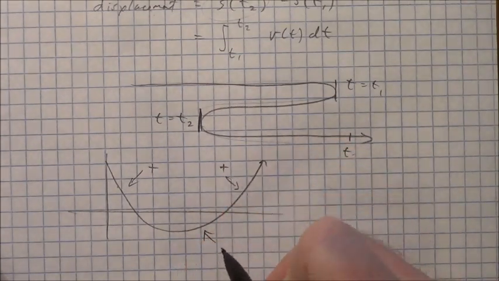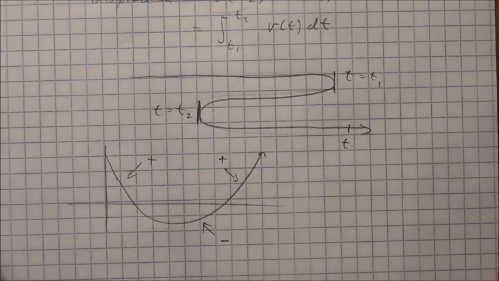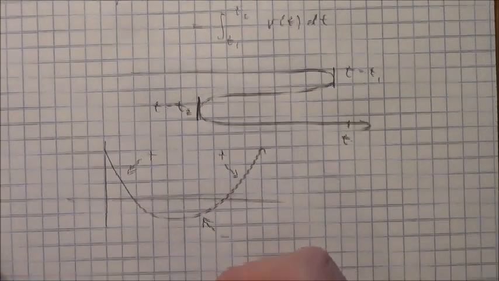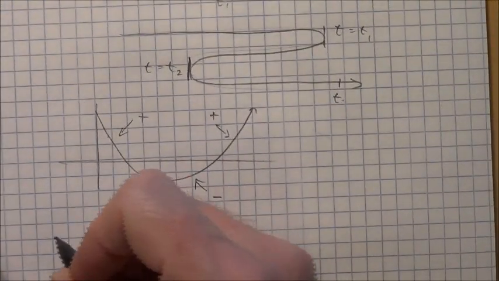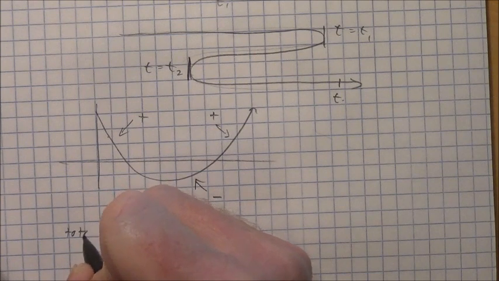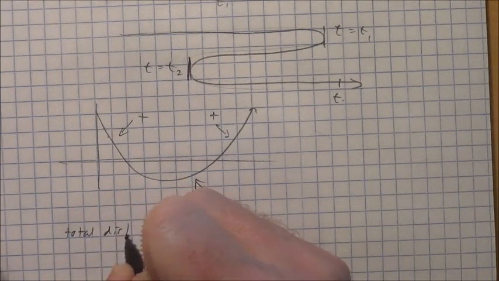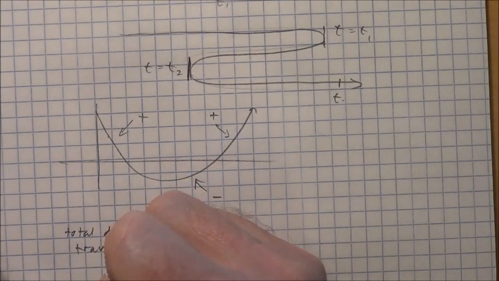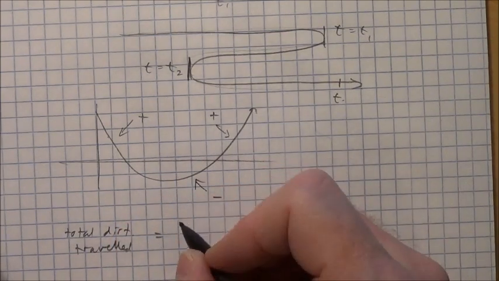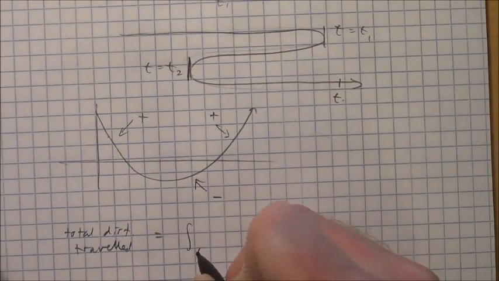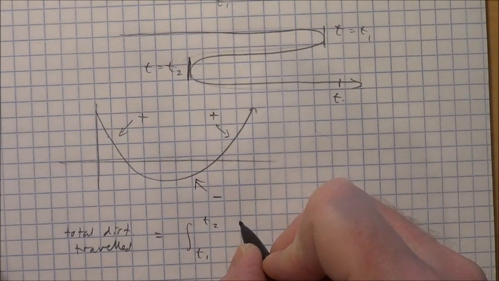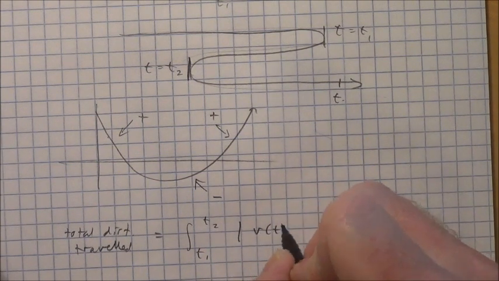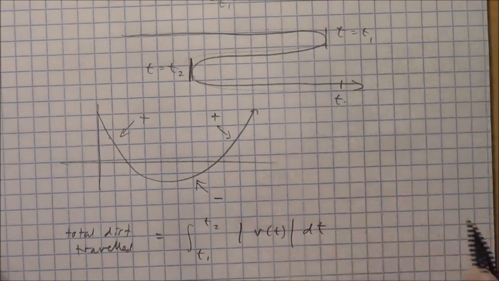So what we would need to do is take the absolute value. If we want the total distance traveled, we can take the integral from t1 to t2 of the absolute value of the velocity function with respect to time.